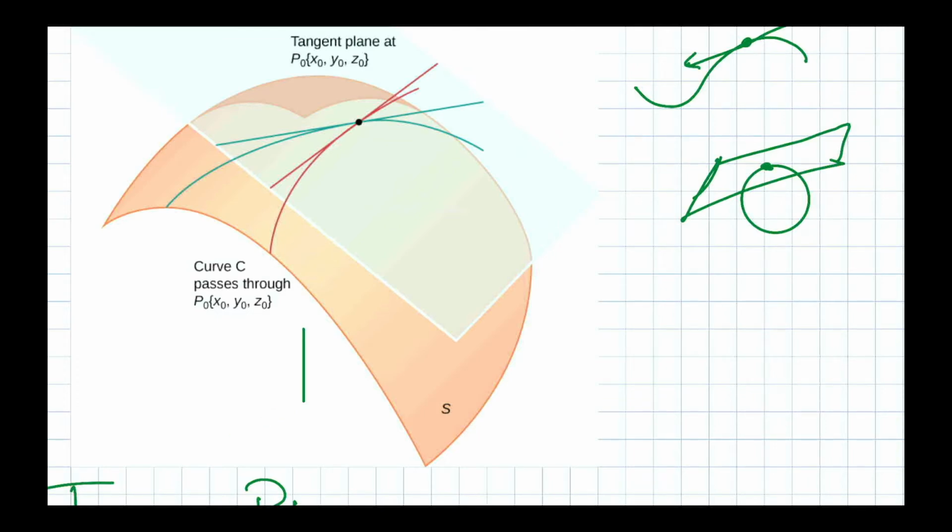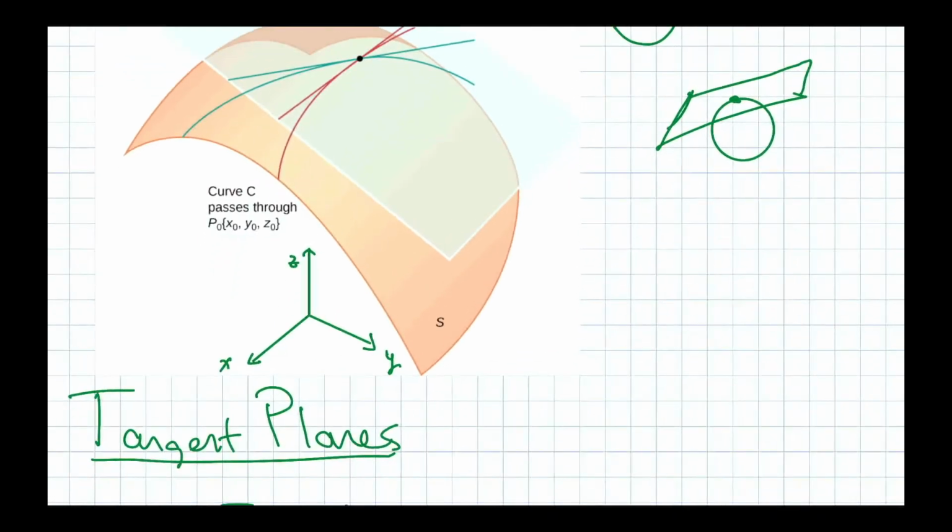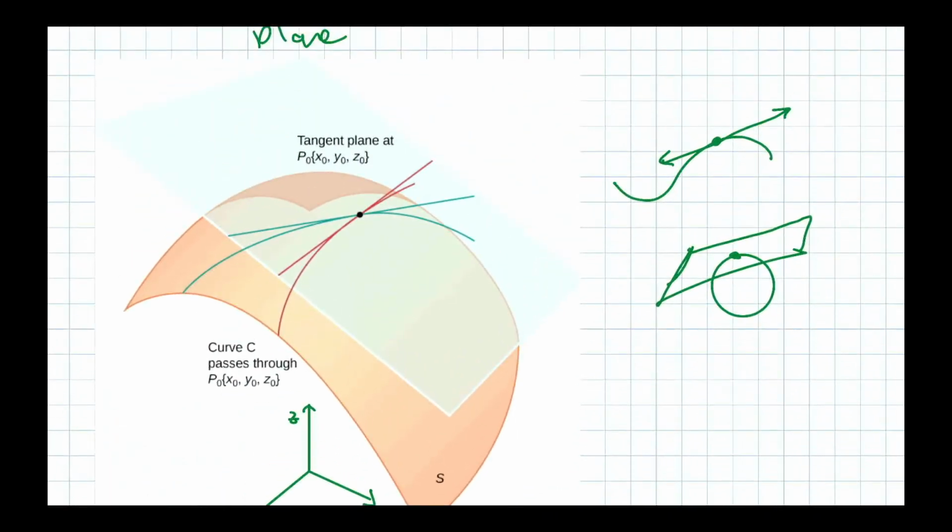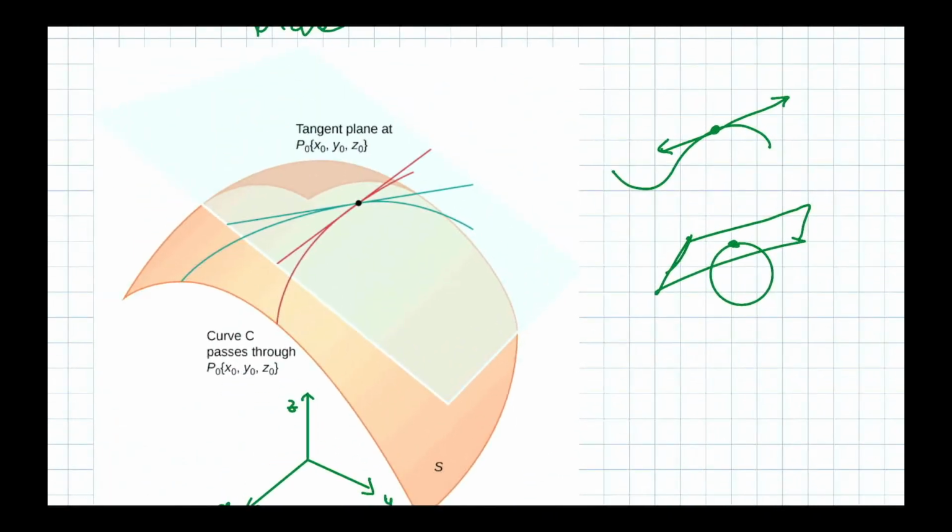Let's say that's the x-axis, and that's the y-axis, and that's the z-axis. I'm just drawing little axes here, and then let's say this is our picture.